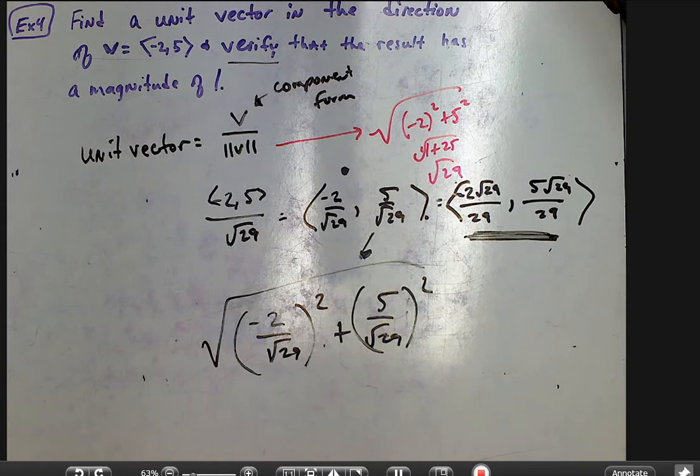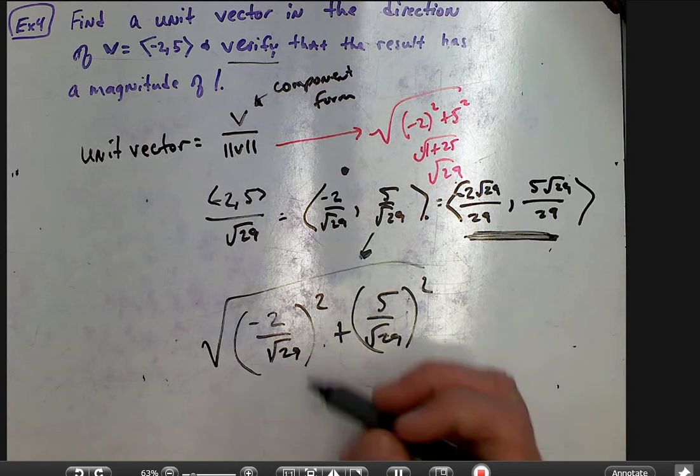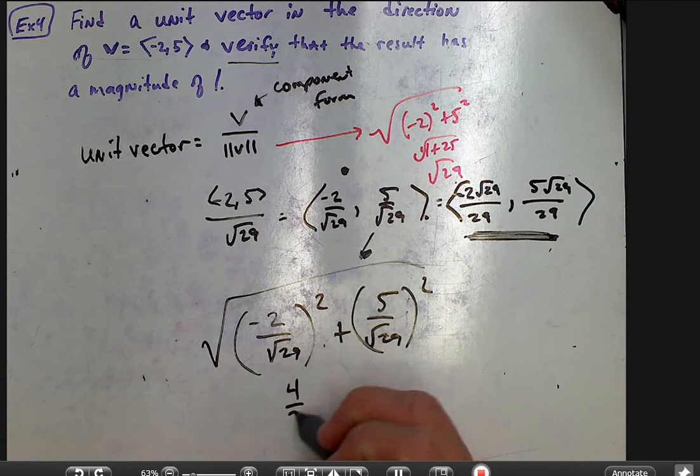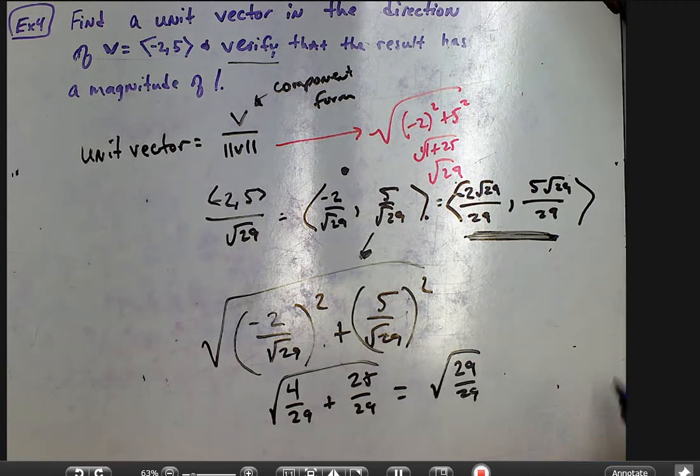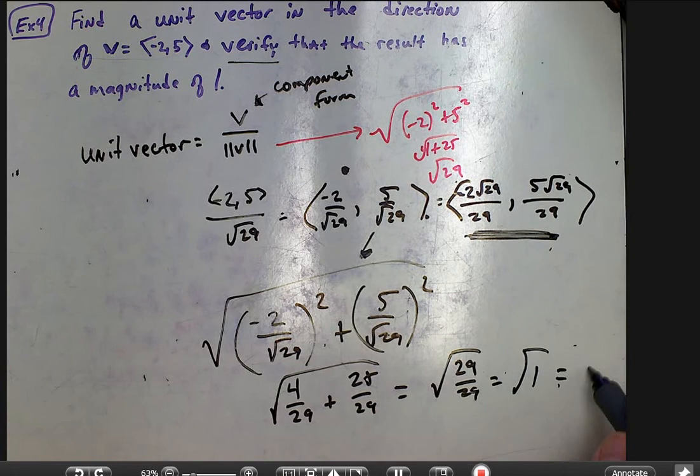Now I just simplify this, so it makes it 4 over 29 plus 25 over 29, the square root, or the square root of 29 over 29, which is the square root of 1, which is 1. So that just verifies that the result has a magnitude of 1. Okay?